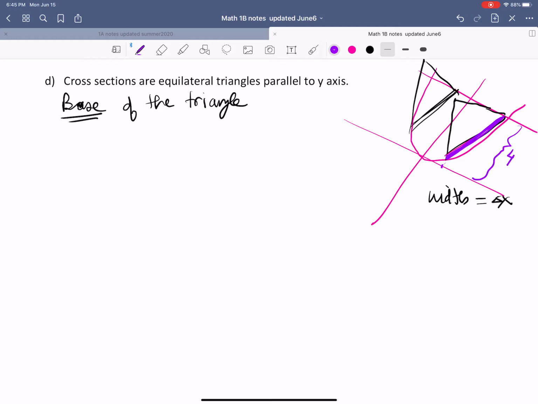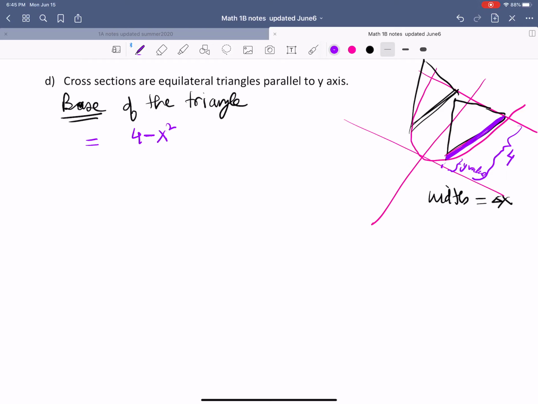All of this is 4, and this little piece is my y value. If I subtract, then I have the side of the triangle. Okay, the base of the triangle or the side of the triangle is going to be 4 minus the little y value. The y value comes from your curve, which is y is equal to x squared, and we do want it in terms of x. So 4 minus the y value, that will give me the base of my triangle, which is 4 minus x squared.